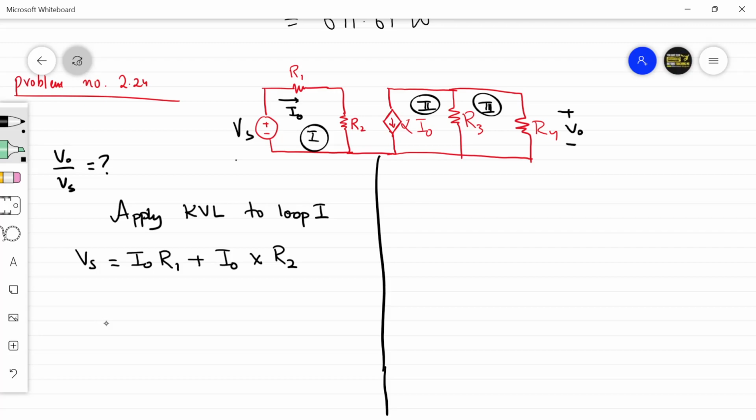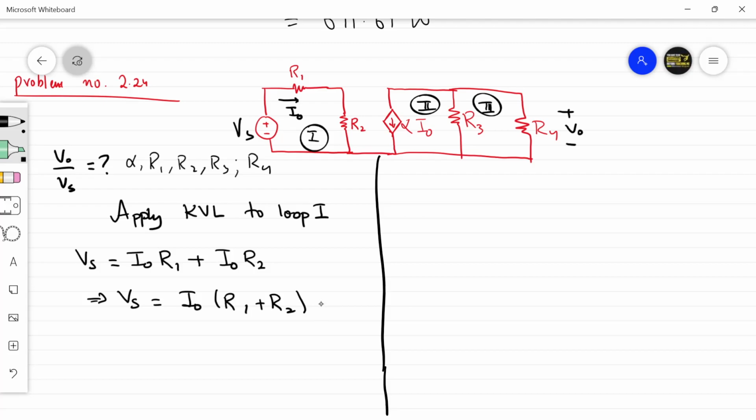So this is one equation that we are obtaining, that is Vs is equal to I naught times R1 plus R2. We have to find the value of V naught by Vs in terms of alpha, R1, R2, R3, R4. So I naught and V naught cannot be in that equation. So let this be equation number 1 for now.